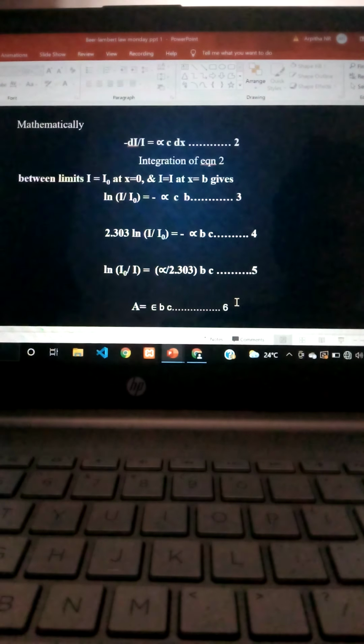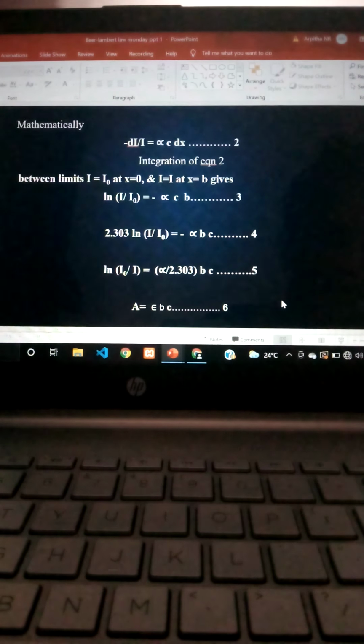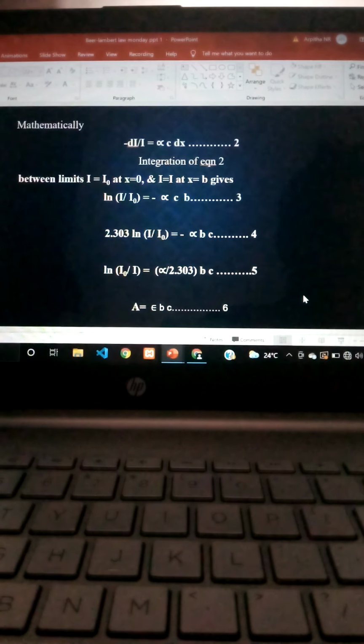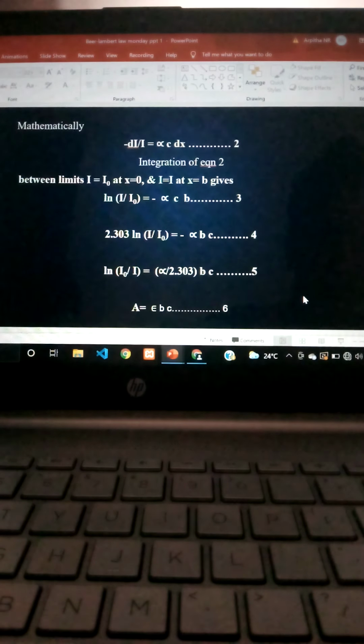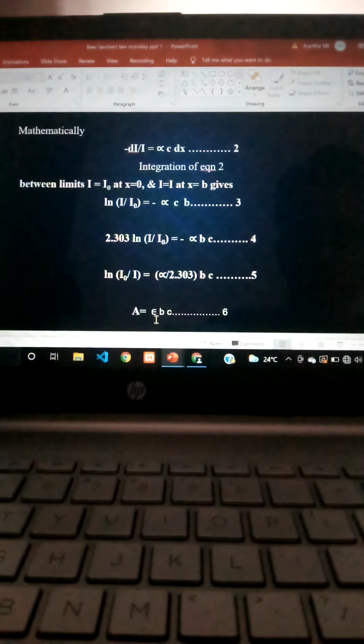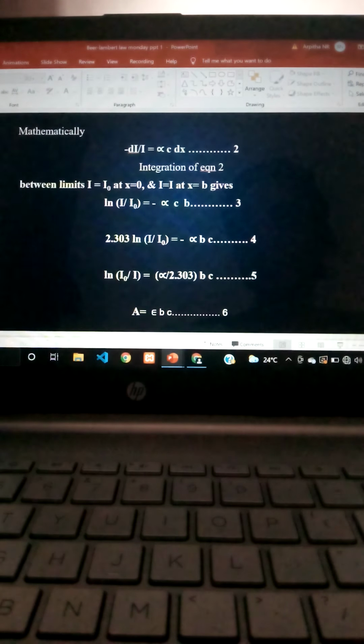The absorbance A is given as A is equal to log I naught by I. Then epsilon is given as epsilon is equal to alpha by 2.303. By substituting these values, you will get equation 6 as A is equal to epsilon b into c.